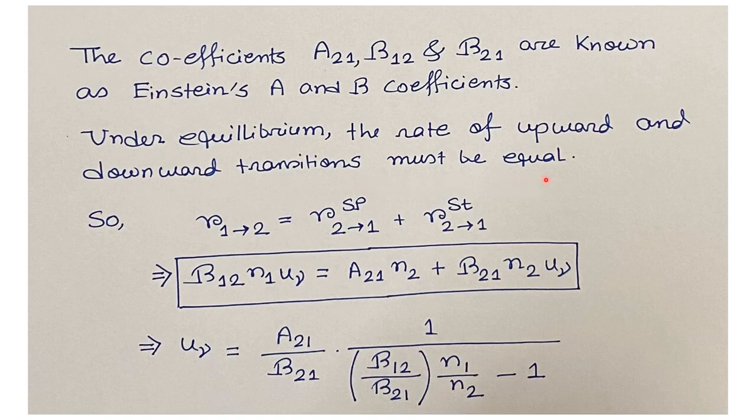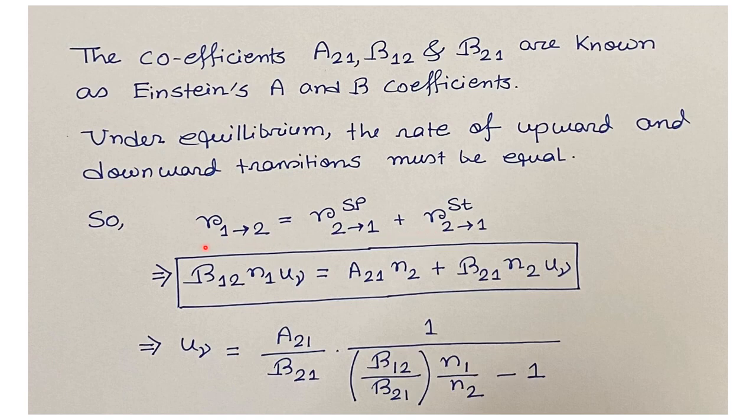Under equilibrium, the rate of upward and downward transitions must be equal. So, from the equilibrium condition, we can write R from 1 to 2, which we obtained from the excitation of atoms, equals R from 2 to 1 SP plus R from 2 to 1 ST. This is the rate of transition for spontaneous transition and this is the rate for stimulated transition.